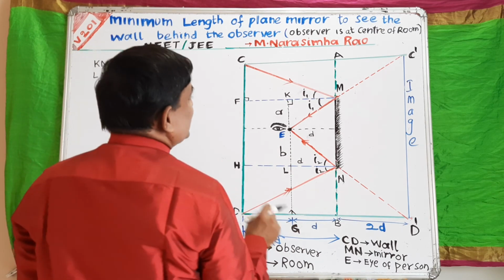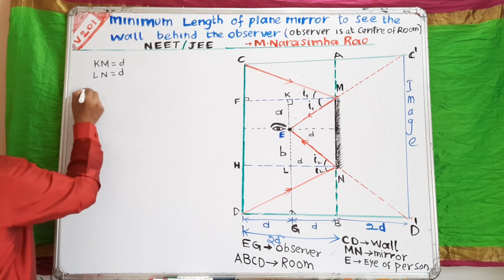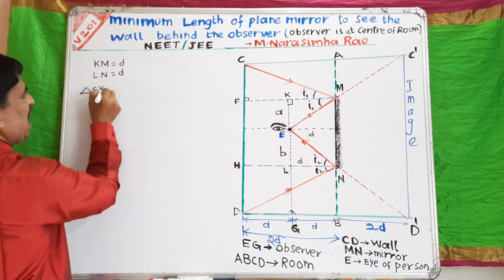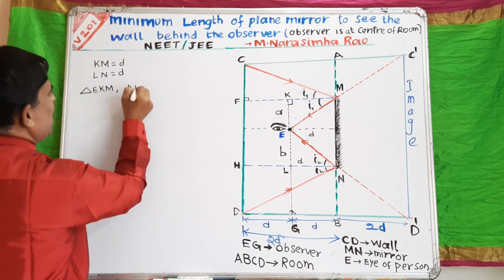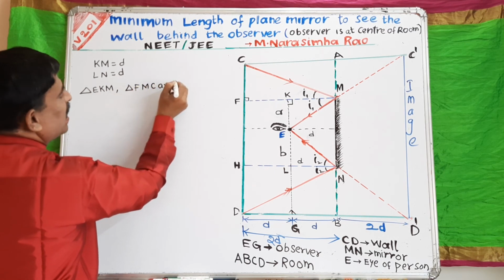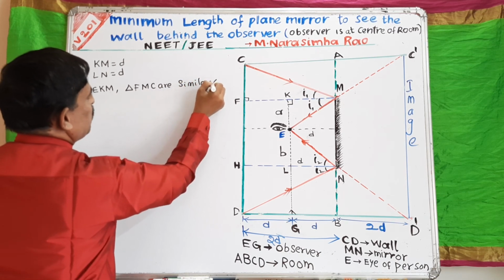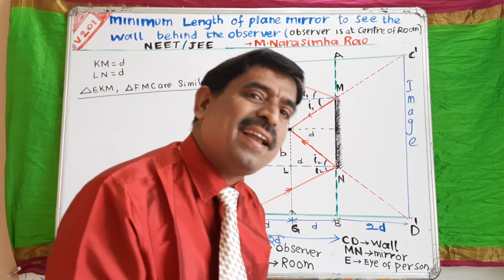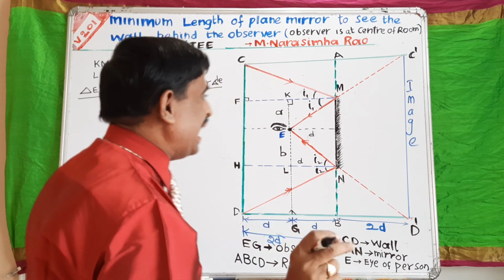Now please listen here. What are the similar triangles? Triangle EKM and triangle FMC are similar triangles. In the case of similar triangles, the ratio of the bases is equal to the ratio of the heights.